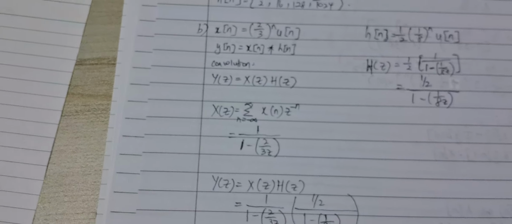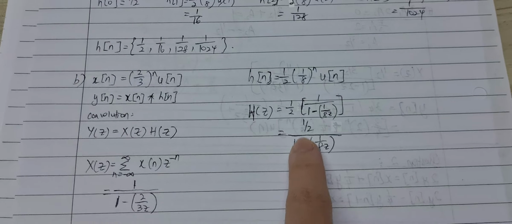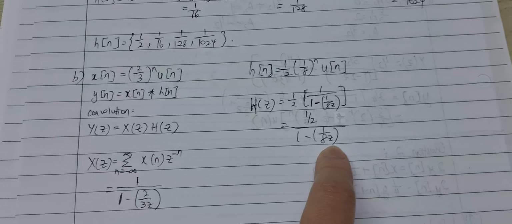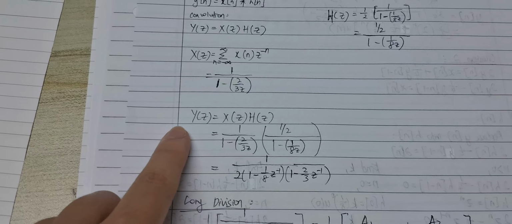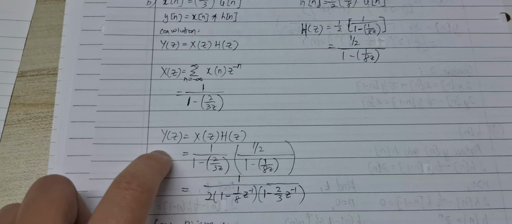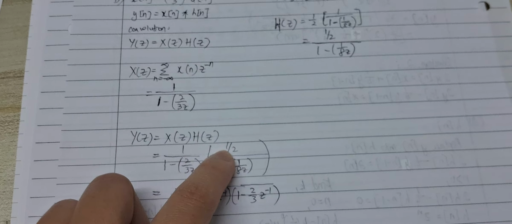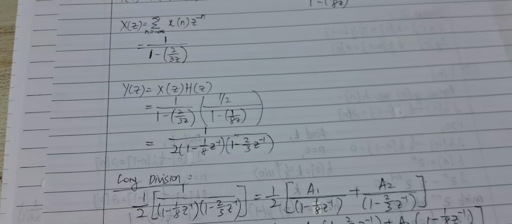So this is from the transform pair. So we also get hz equal to 1/2 over 1 minus 1/8 z inverse. After that, to get yz, we need to multiply xz by hz. So this will be the answer we get.